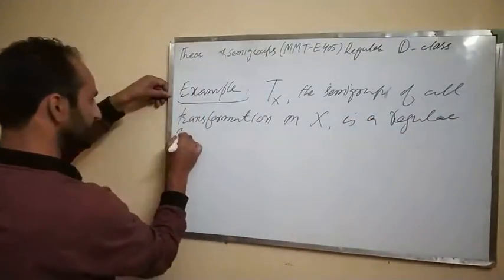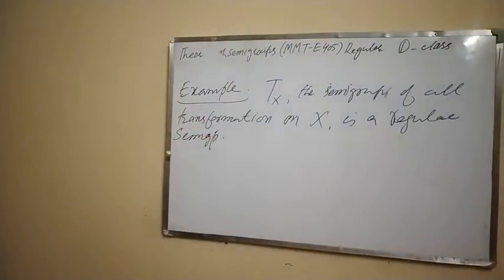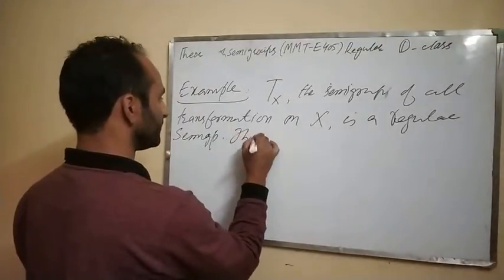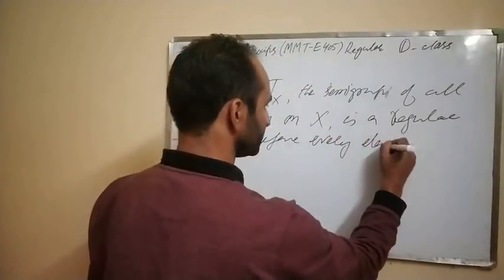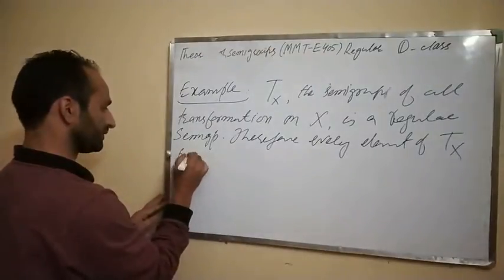In fact, it's actually a monoid. So it has an identity, and every element of Tx is regular. So therefore, every element of Tx possesses an inverse.